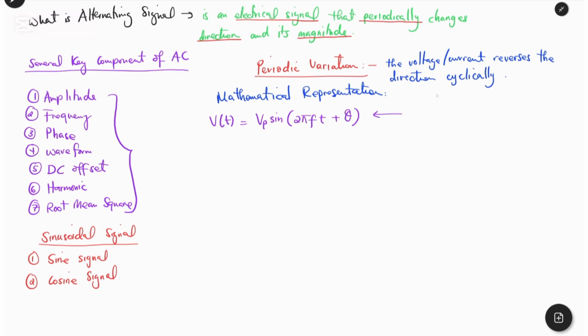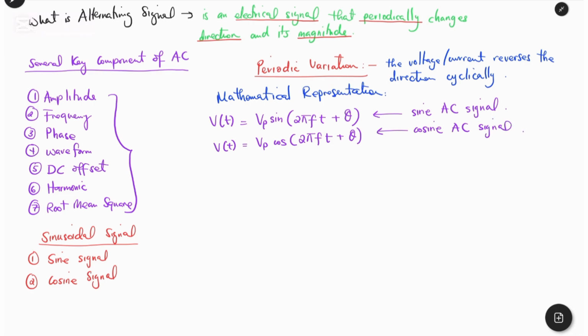And this now represents a sine AC signal. And for the cosine, we can have Vp cos(2 pi f t plus theta). This now represents a cosine AC signal.